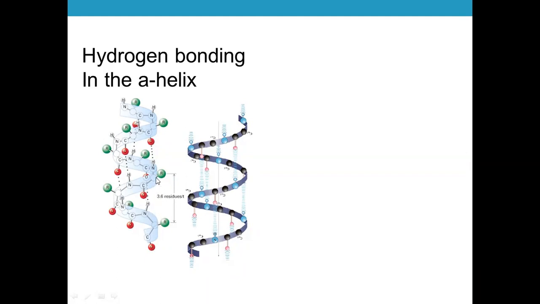So you can count the first amino acid, second, third, there's a hydrogen bond. First amino acid, second, third, you have the fourth amino acid. 1, 2, 3. 1, 2, 3, 4. 1, 2, 3, 4. So this is how the hydrogen bond in the alpha helix forms.